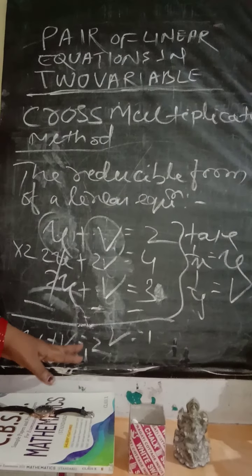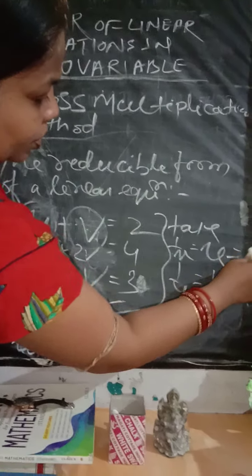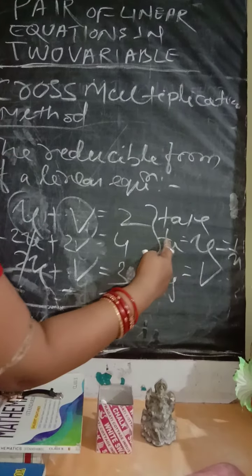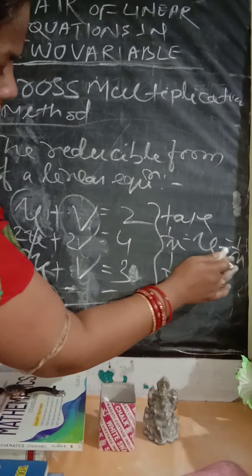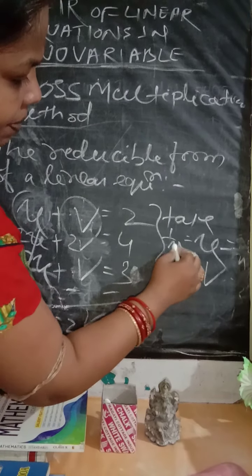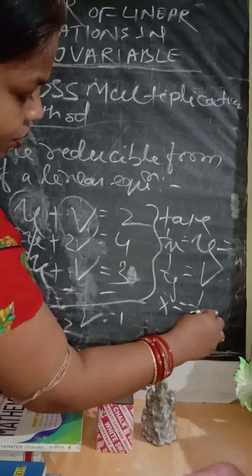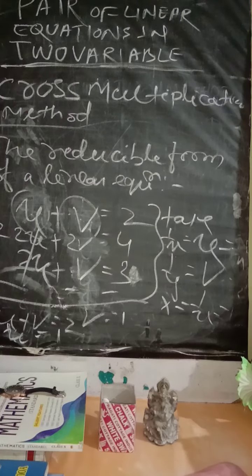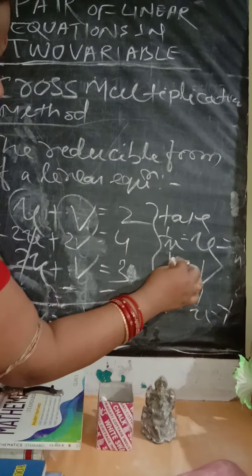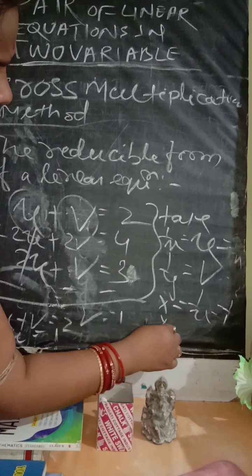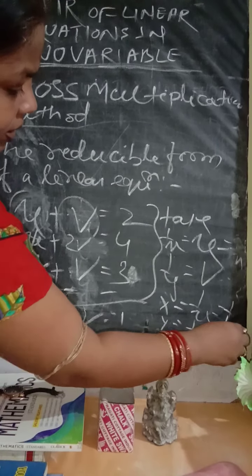So you got u is 1, v is 1. u is equal to 1 by x, or x is equal to 1 by u. Now put the value: 1 by 1, it is also 1. And y is equal to 1 by v, so it is 1 by 1, which is equal to 1.